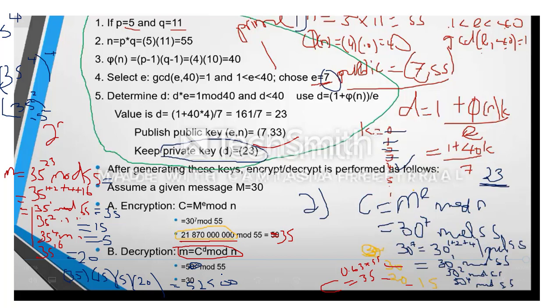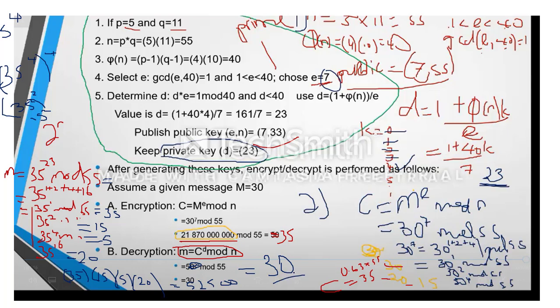So 52,500 over 55, you get 0.545. This is the decimal part. 0.545, you multiply by 55, you get 29.97, which is equivalent to 30. What was our original message? It is 30.